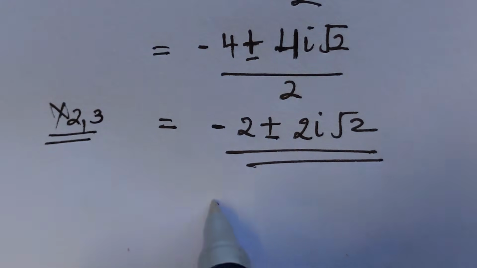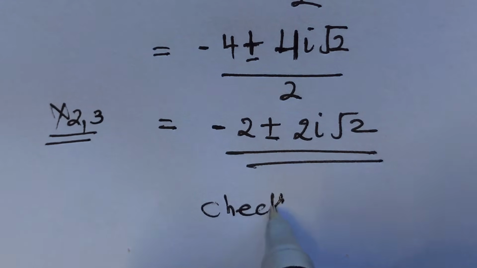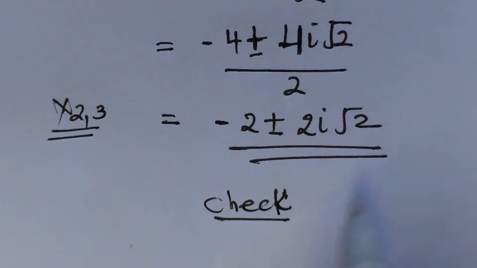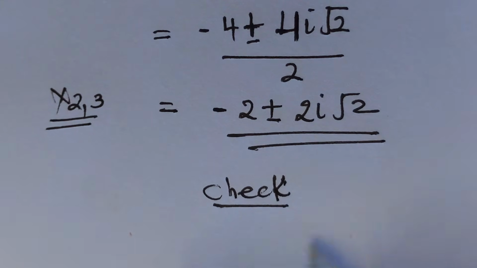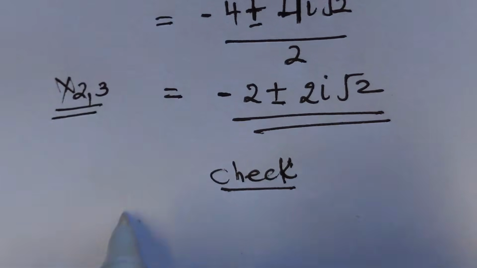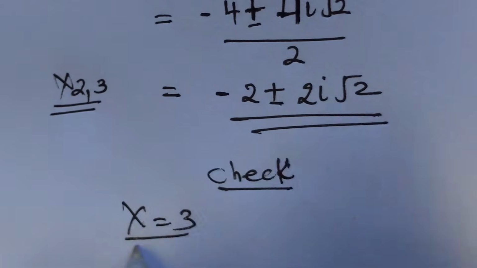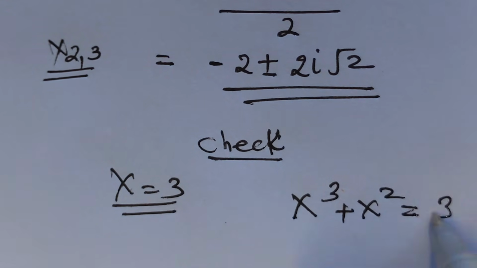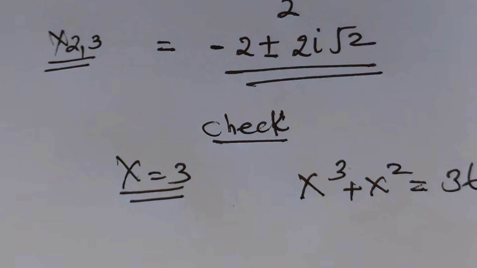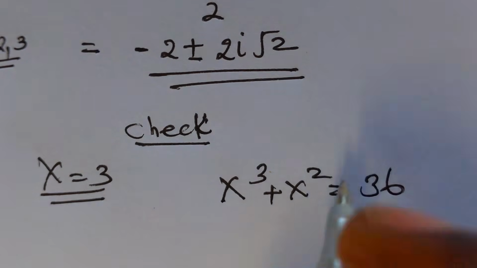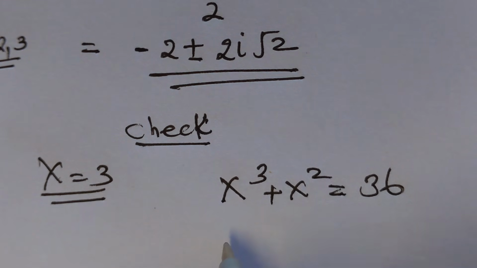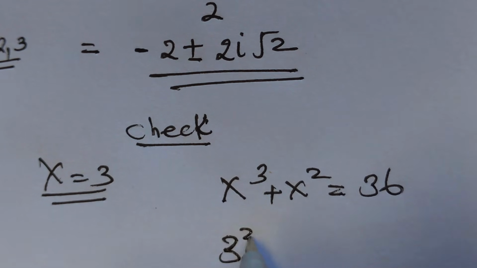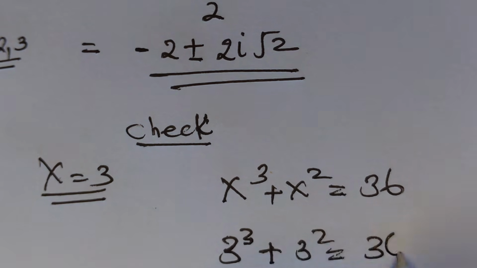And always you have to check if the answer we have got is correct. We have x equal to 3, and the given question is x cubed plus x squared equals 36. So we write 3 cubed plus 3 squared, which is equal to 36.